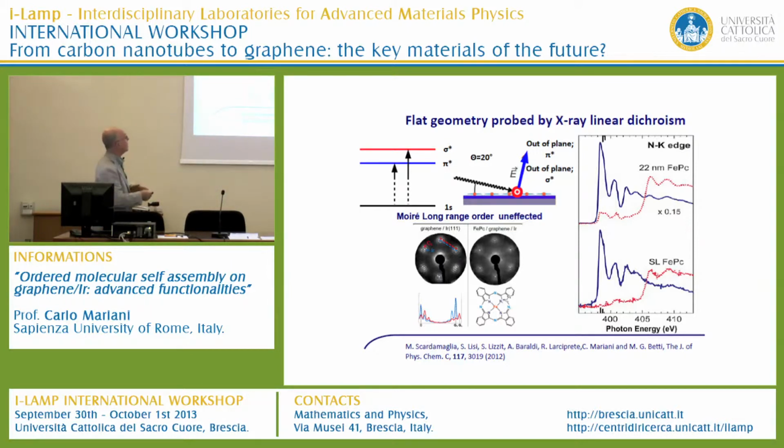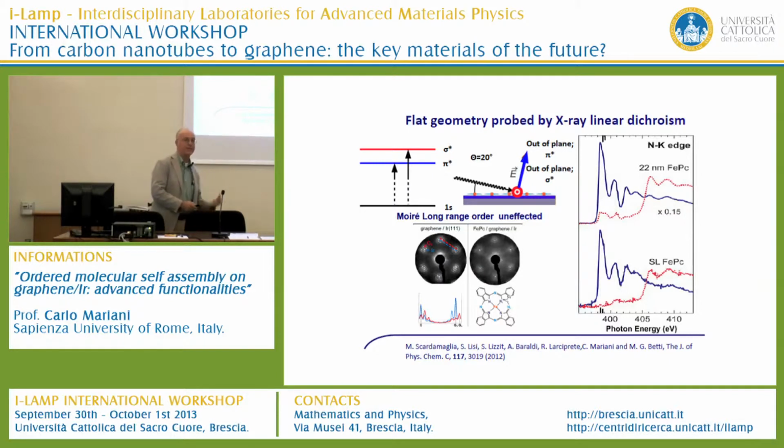Second aspect, how are the phthalocyanines oriented with respect to the substrate? This is an X-ray absorption experiment on the first single layer of phthalocyanine performed with linearly polarized radiation. So we are sensitive to the molecular orientation if the molecule is oriented. And as a matter of fact, we have a strong dichroism. This is the nitrogen K edge, so you have excitation from the 1s to the pi star orbital.